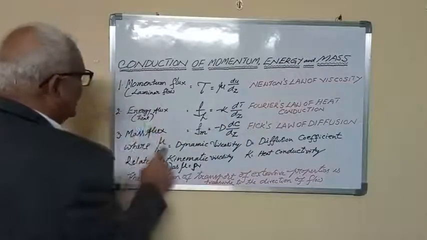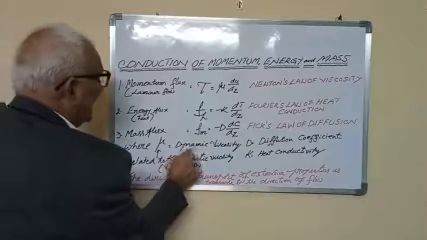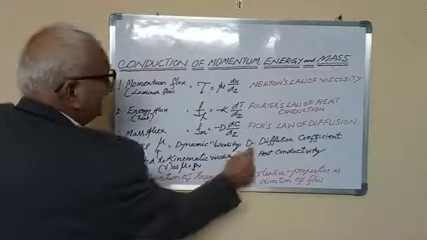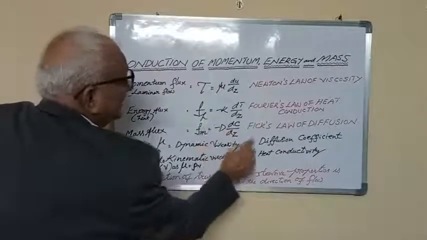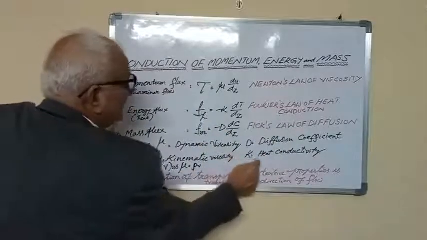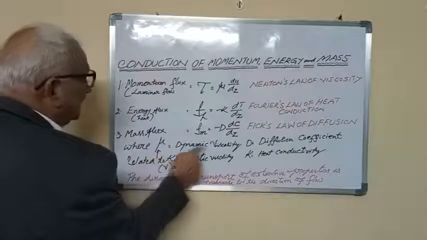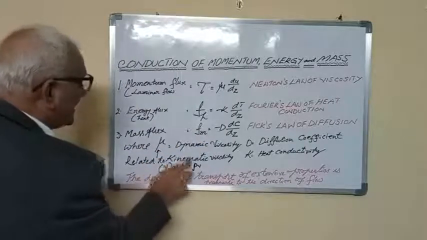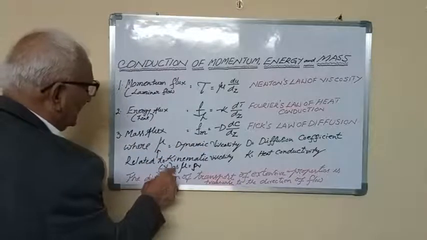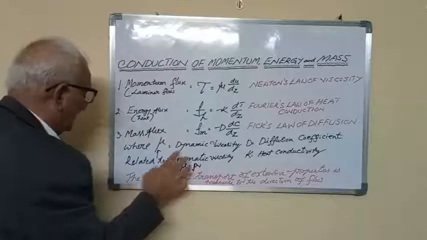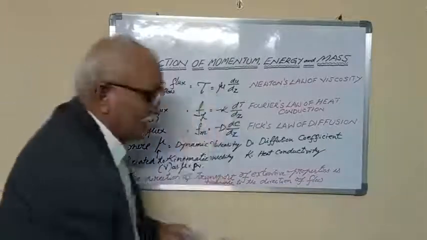Here mu is dynamic viscosity. What is the D here? Diffusion coefficient. What is k here? k is heat conductivity. Of course, dynamic viscosity is related to kinematic viscosity, as mu is equal to rho nu. Of course, this is a simplified version.